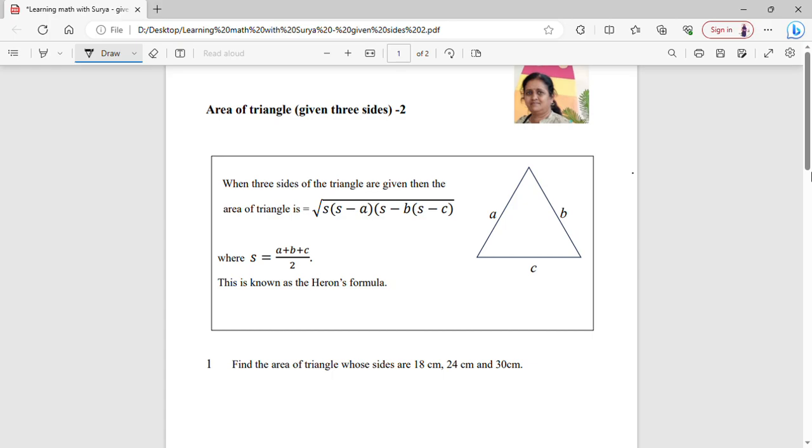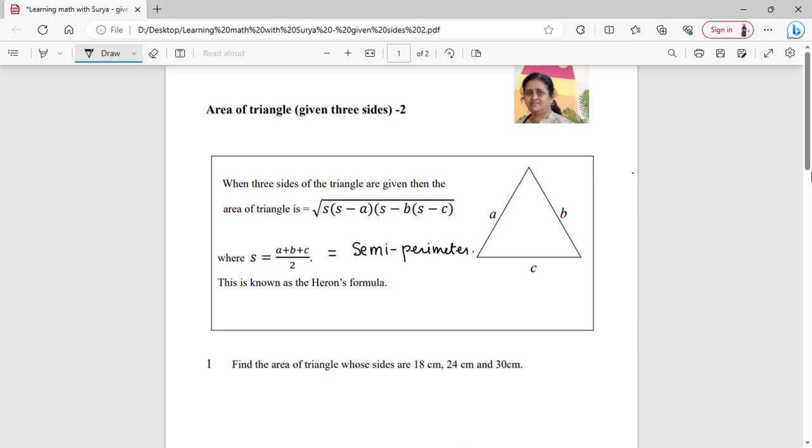Now, what are a, b, c? They are the lengths of the sides, and s is the semi-perimeter, or half the perimeter of the triangle. So we can use this formula to calculate the area of a triangle.